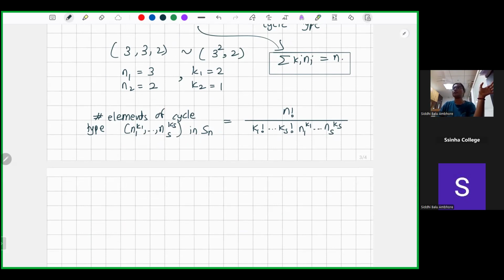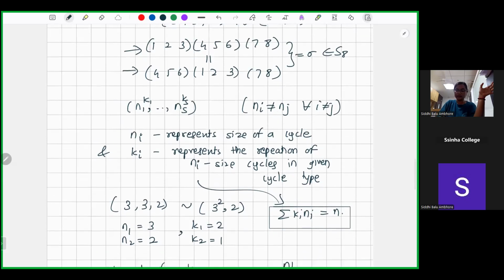Like here, switching the cycles still gave me the same element, and we have to calculate the number of elements, right? I need to get rid of the extra expressions which represent the same element in Sn.